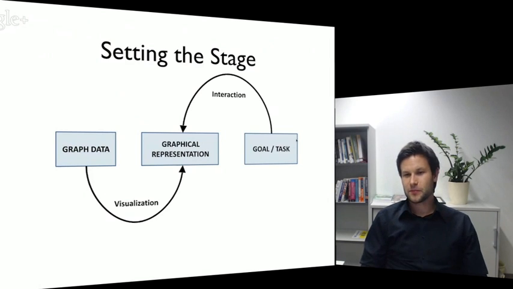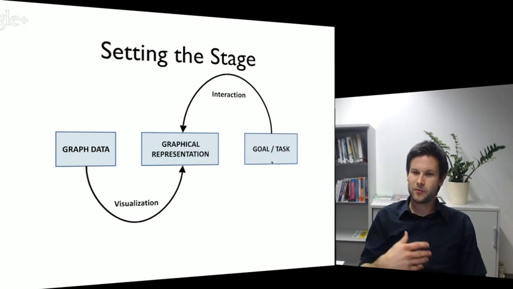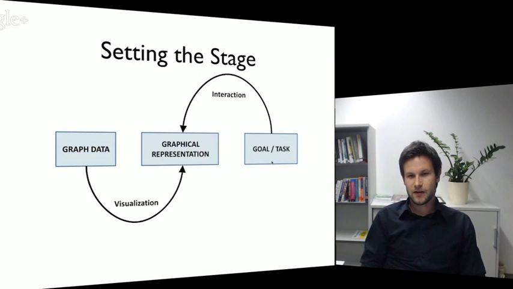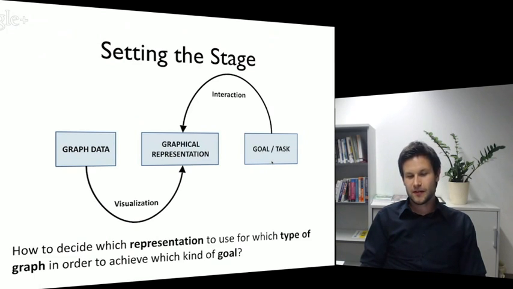But of course, it's important to have a certain goal or task in mind, or what the user wants to accomplish by looking at the graph or by interacting with the graph. The problem that we have here is a wealth of different representations. We have, as you've seen, lots of different classes of graphs, and we also have different tasks or goals that users want to achieve by working with the visualization.